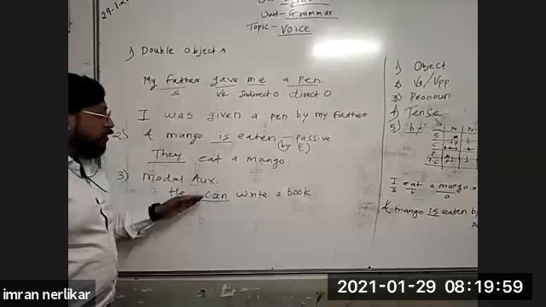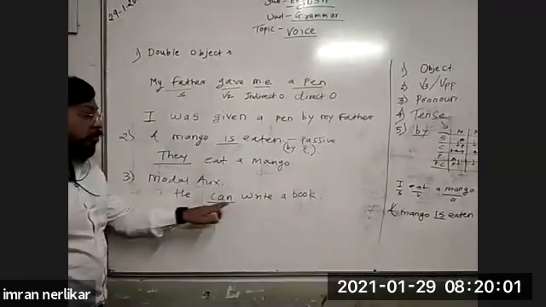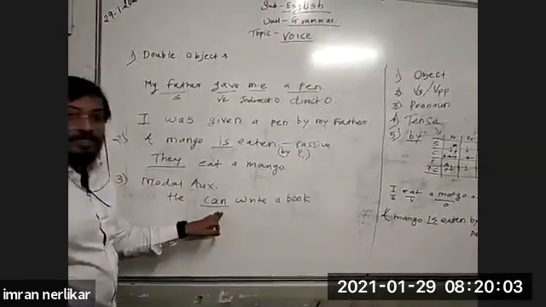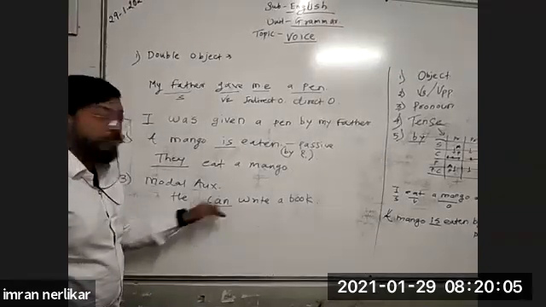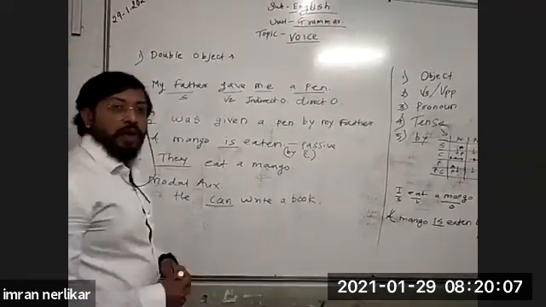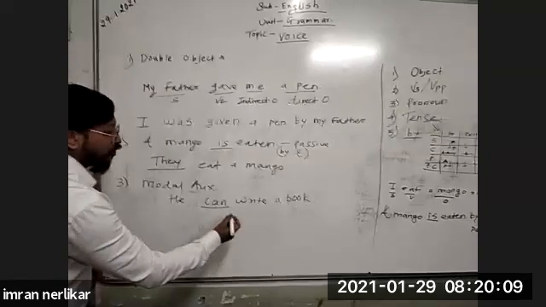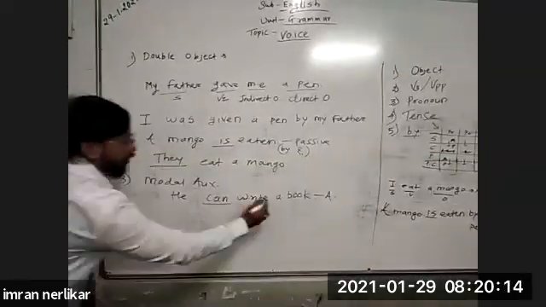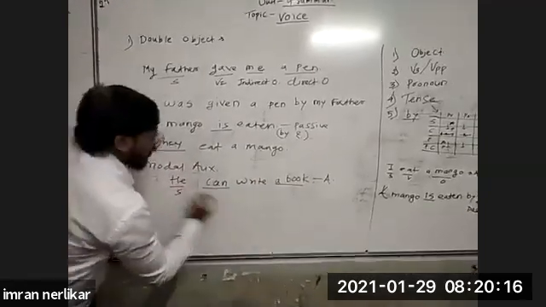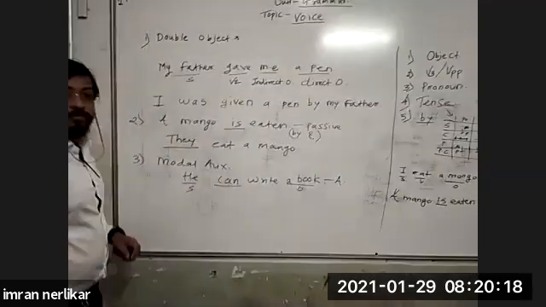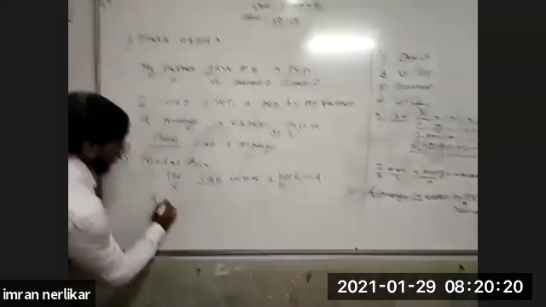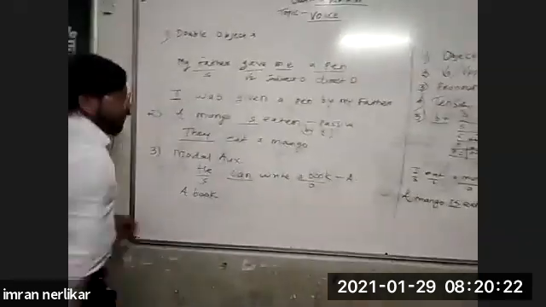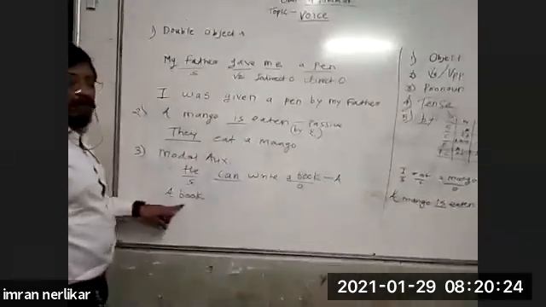So the rule is, when modal auxiliary is used in the sentence, see how it is written in passive form. This is active. Now when you make it passive, first of all, see subject, object, a book. First of all, object will come first, a book. It will become subject, a book.